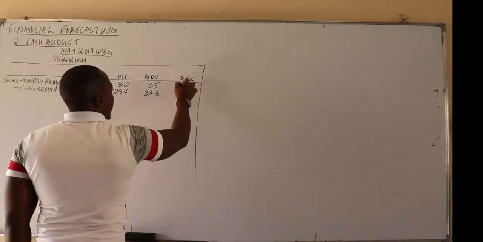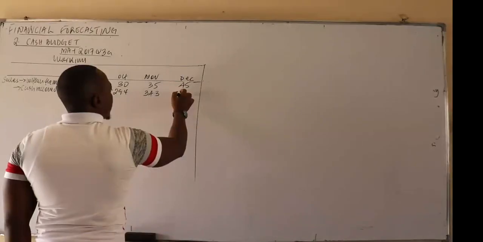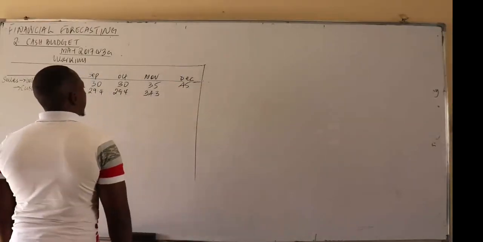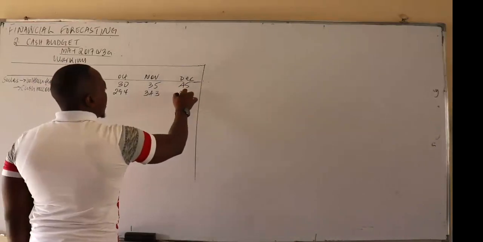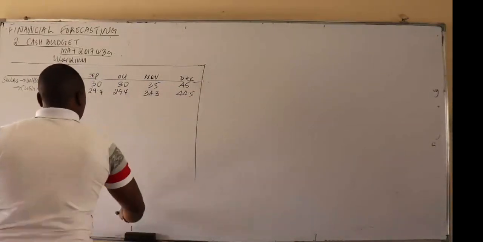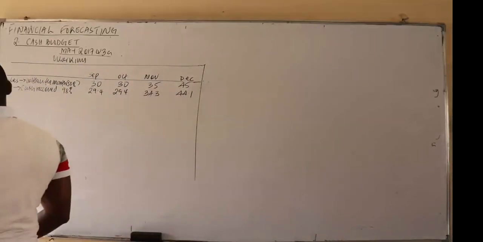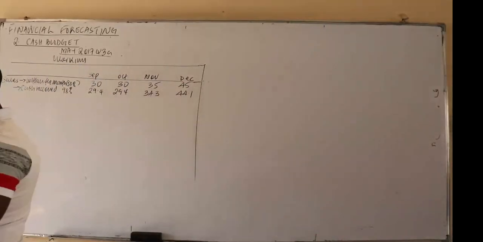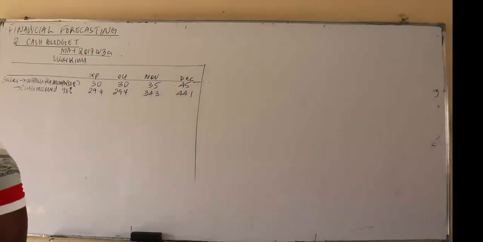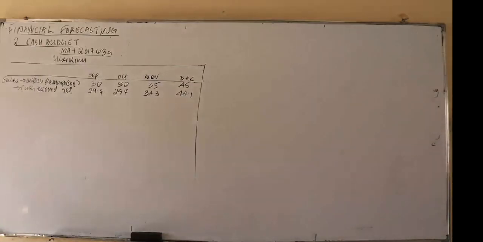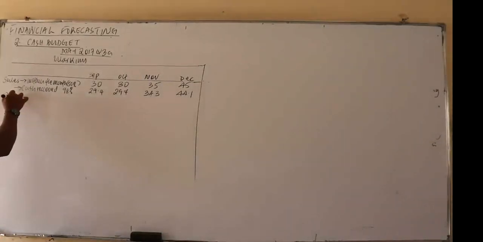This was 45, right? You get an amount of 44.1. So remember 50% we are paying within the month. What about the other? The remaining debtors are expected to pay by the beginning of the following month. So 1 month credit.